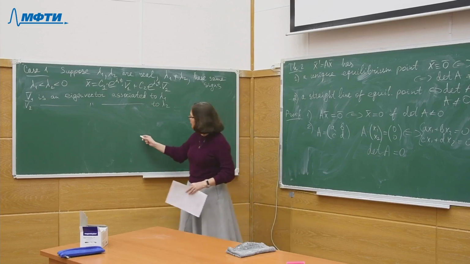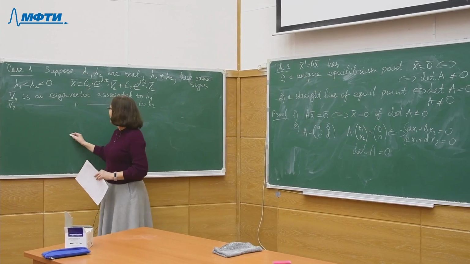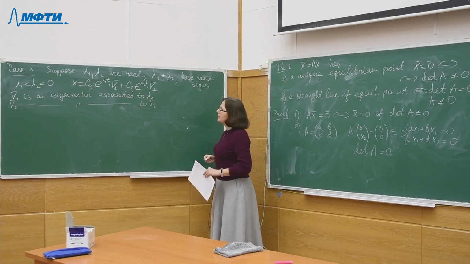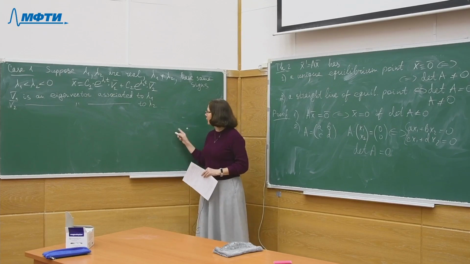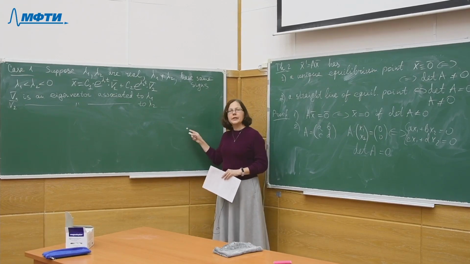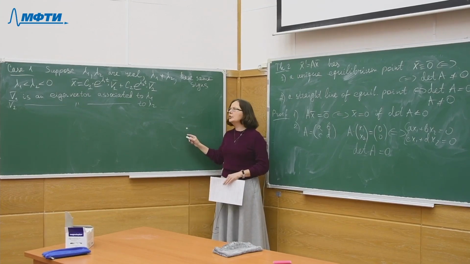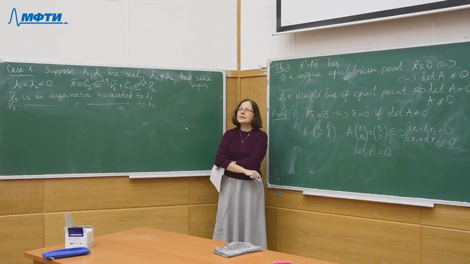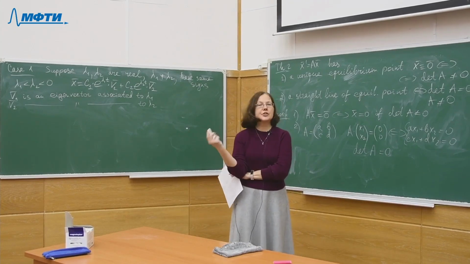I will start to draw the phase diagram. This is the origin. The determinant of matrix A is non-zero, so we have a unique equilibrium point, the origin. I don't want to indicate the axes, since this may be confused with the phase trajectories.